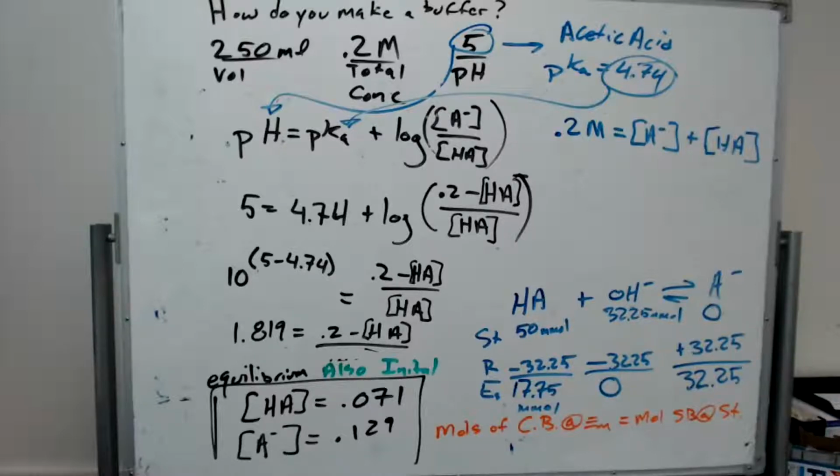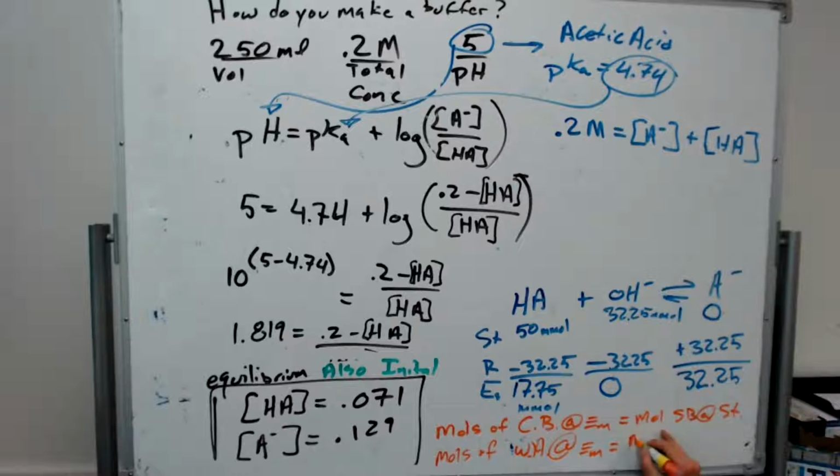The other thing that's important is that the moles of weak acid at equilibrium is going to be the moles of weak acid at start minus the moles of strong base at start.